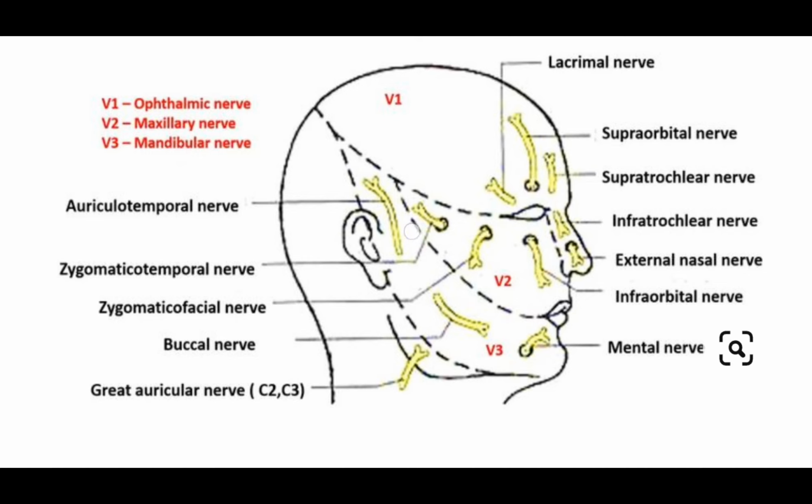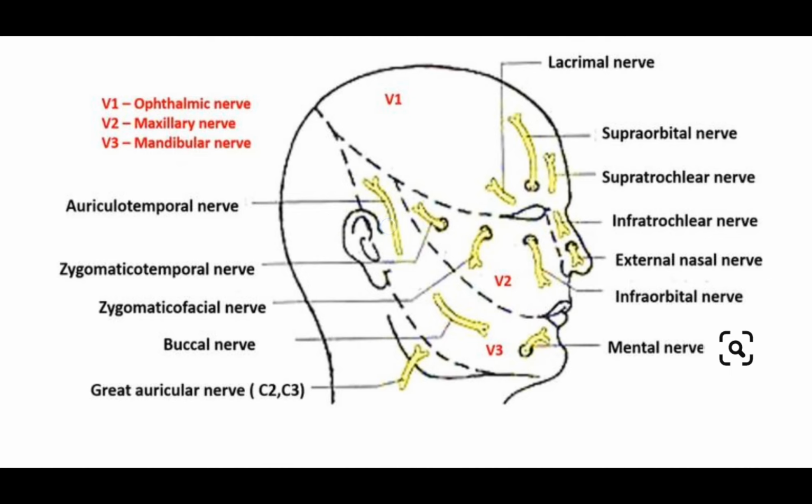Then auriculotemporal. Auriculotemporal will be innervating the posterior part of the temporal region. Basically remember that it is lying between the temple and the auricle. It will be innervating the skin in the posterior part of the temporal region and the skin of the auricle. Then inside the auricle we have the external acoustic meatus and inside that we have the external surface of the tympanic membrane.